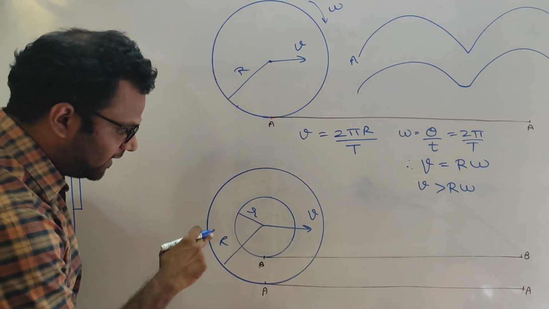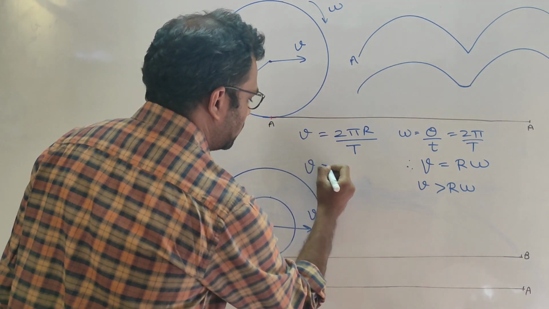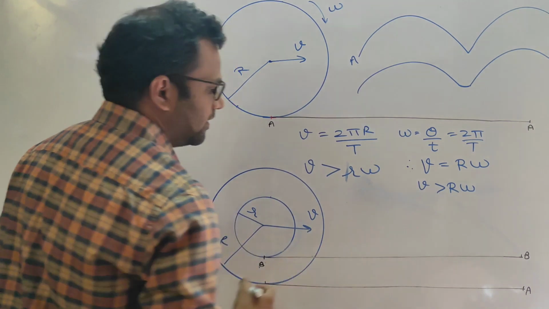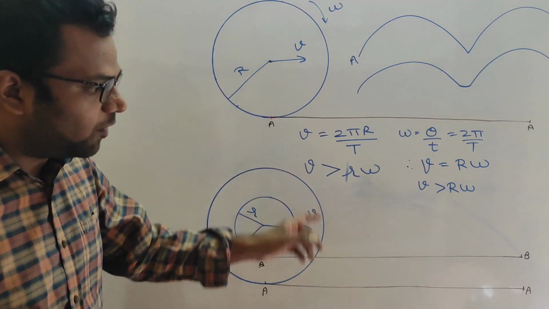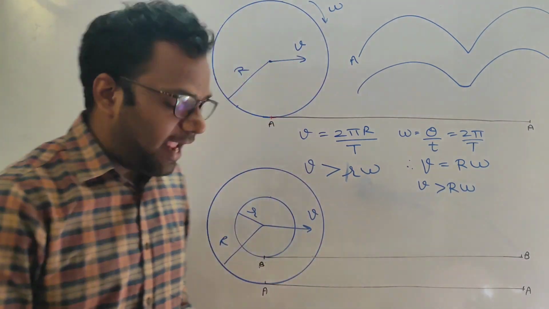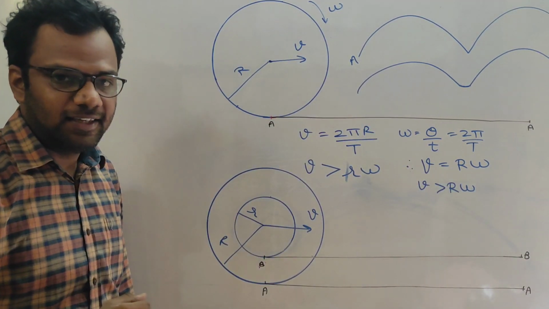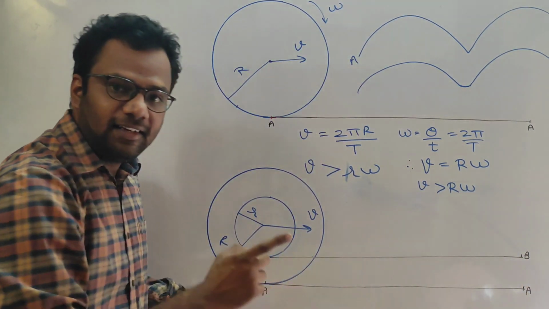But for the smaller disc, as its radius is smaller, v will come out to be greater than small r omega. And hence the smaller disc is not performing pure rolling motion. It is doing rolling with slipping in the forward direction. And hence we are getting this distance greater than expected.